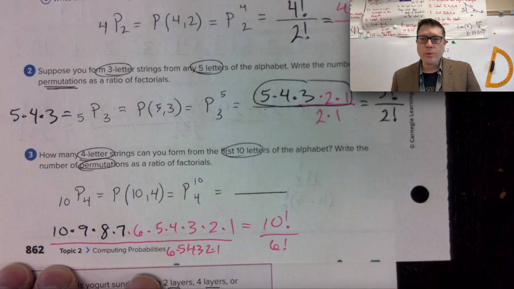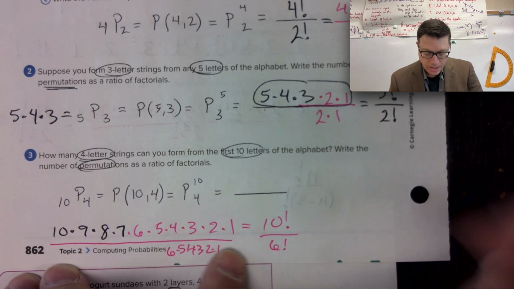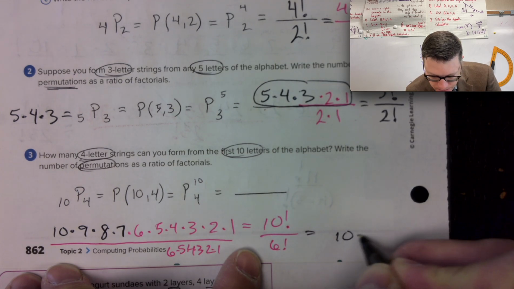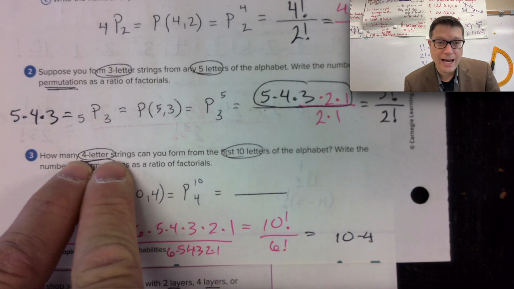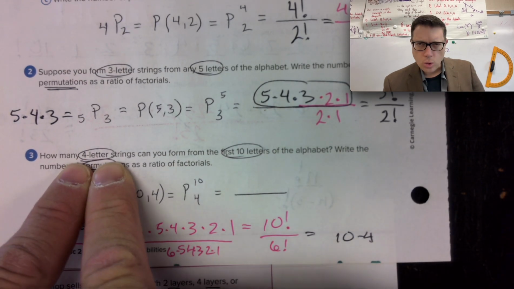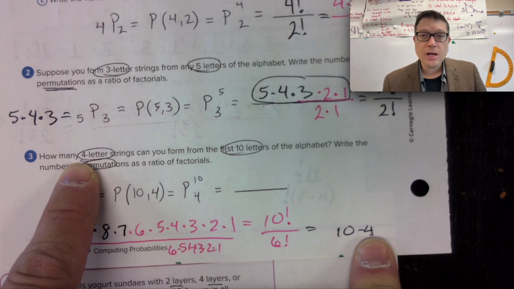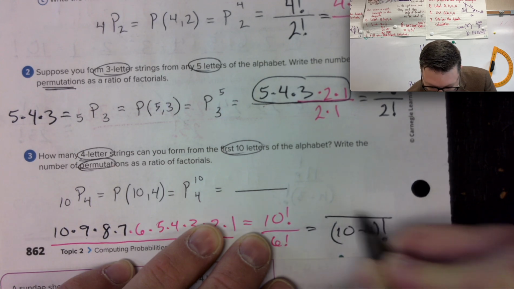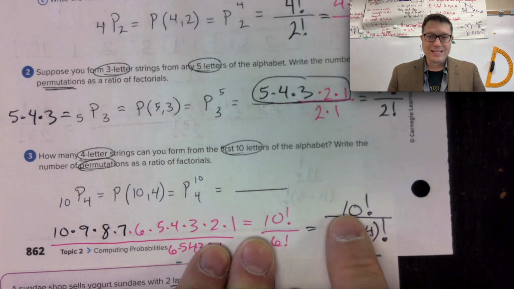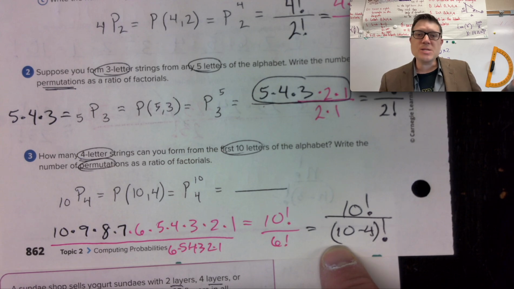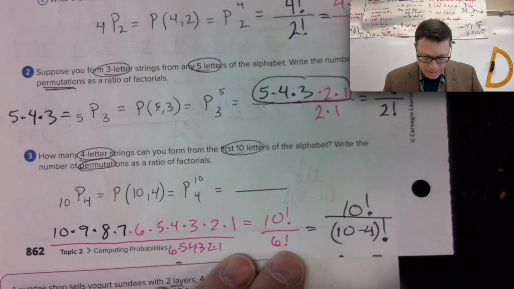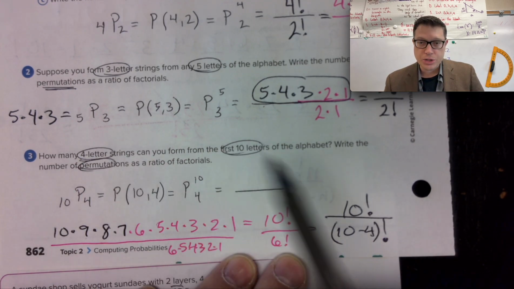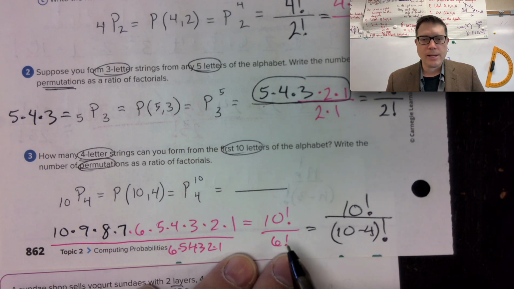And the only way we would have really gotten 6 factorial is if we had done 10 minus that number. So that 4 is visible in the fraction as 10 take away 4 factorial. And so the 10 on top is because we have 10 letters to choose from. But the 4 of the 4-letter string is not the denominator.